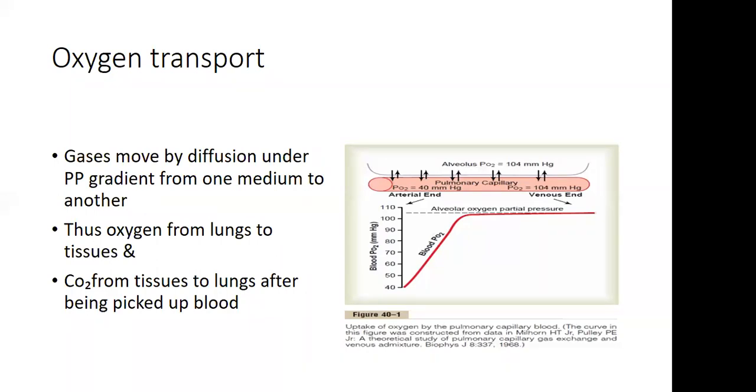Now inside the heart, the pressure is not the same as in the pulmonary area, and it is not 104 millimeters of mercury. Why? Because during passage to the pulmonary areas, the pulmonary venous blood also mixes with it, which is deoxygenated blood.